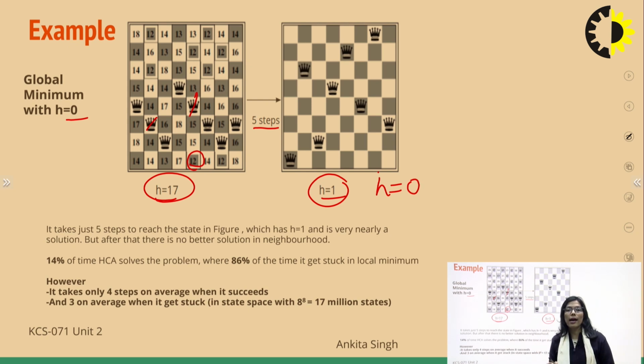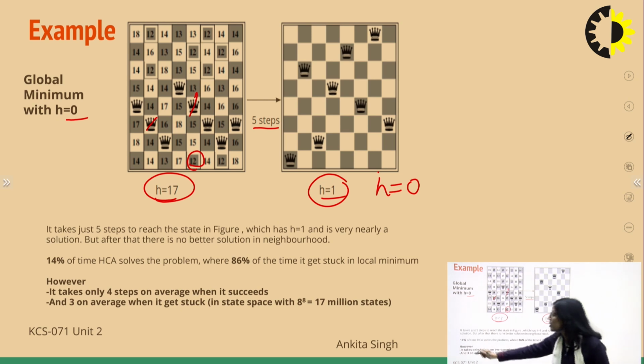My condition is that I have to move only one queen at a time, and I can move a queen only when the heuristic value becomes less than this board configuration. But I cannot find any position of the queen so that my heuristic value goes to 0. So this is your local minima.